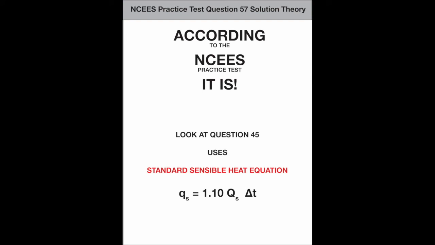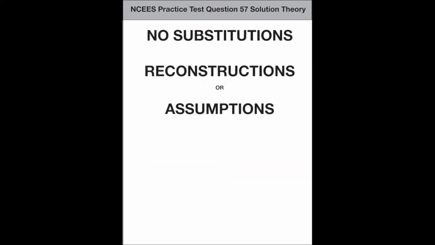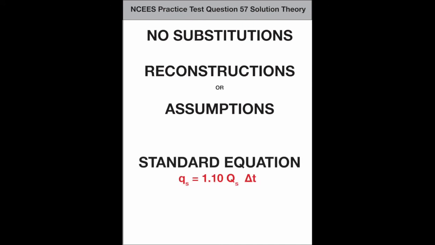And they use the simplified standard sensible heat equation. No substituting variables or reconstruction based on assumptions that the humidity ratio is 0. It just uses this straightforward standard equation. So do the same and make life simple for yourself.